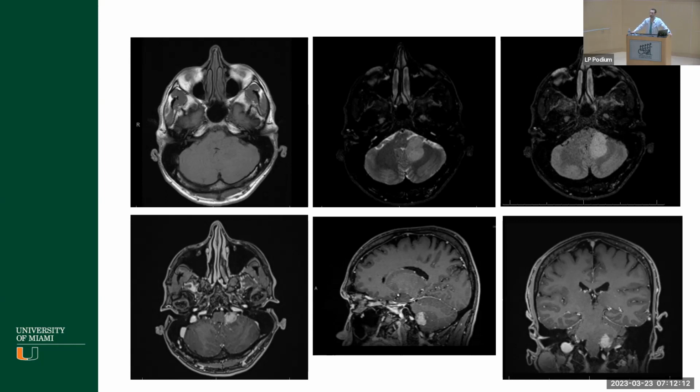What would a typical appearance of a hemangioblastoma be? So hemangioblastoma, cystic lesion, enhancing nodule, and a large cystic component.